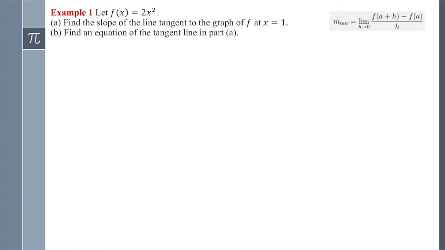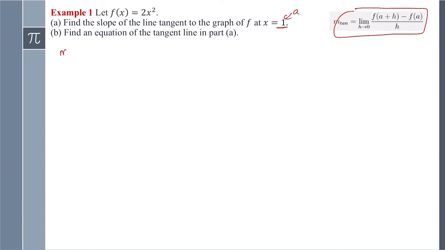Okay, so here our function is f of x equals 2x squared, and we are going to find the slope of the tangent line to the graph of f at x equals 1. Or if we look over here in this formula, a is 1. So the first thing that we are going to do is write that formula.